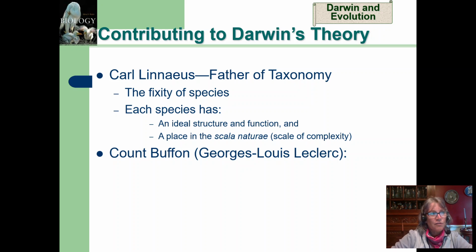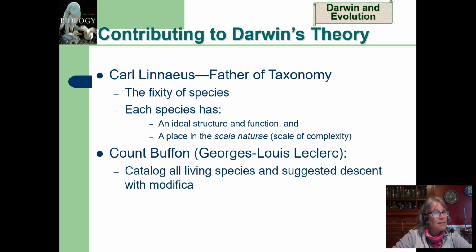Count Buffon, Georges Louis Leclerc, was another one who also attempted to catalog all living species, and based on his observations as he began cataloging them, suggested, well, maybe the reason we see all these differences and yet similarities is because we have descent over time, with modification over time.